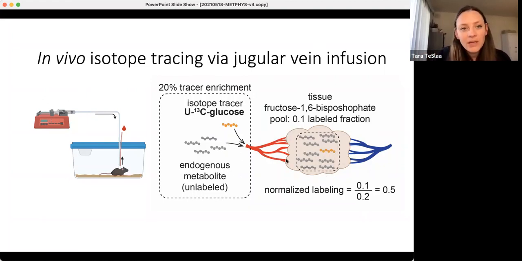Because we infused our tracer at a tracer enrichment, which is usually about 20% or less, we normalize the labeling of the metabolite to that of the traced metabolite to get a value for how much of that metabolite comes from our traced molecule. So here in this example, about 50% of fructose bisphosphate comes from circulating glucose. And if we saw 20% labeling in the tissue, that would be 100%.